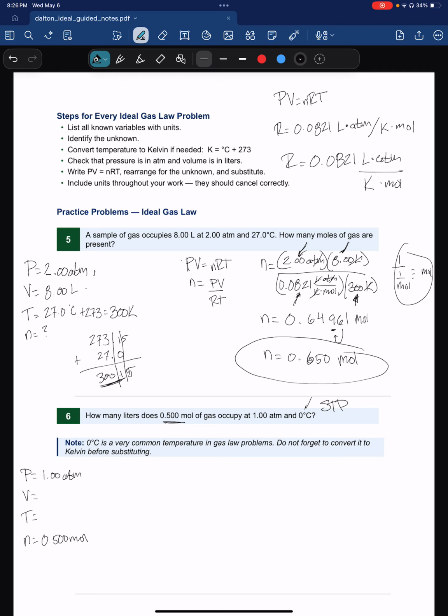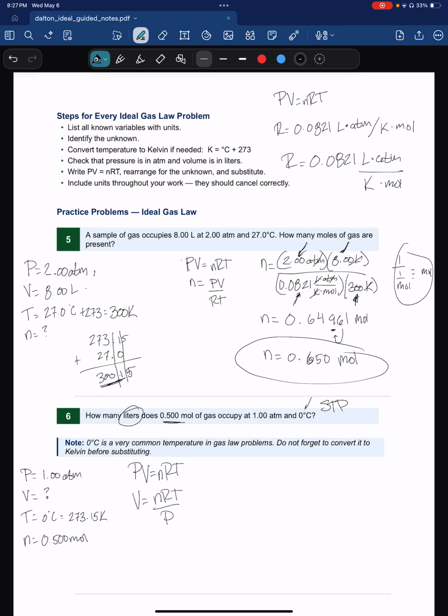And we have 0 degrees Celsius, which is going to come out to 273.15 Kelvin. Okay, now the question is asking for liters. We know that liters is volume, and so that's what we're looking for. So we can go ahead and write out PV equals nRT, and we can solve for volume. Volume is equal to nRT over P.